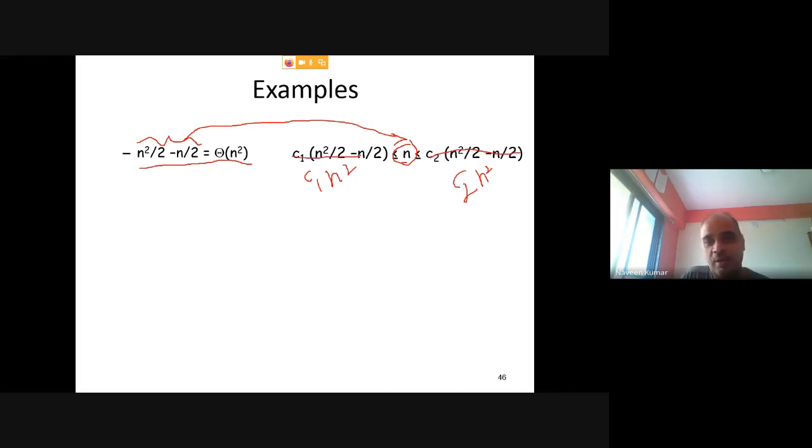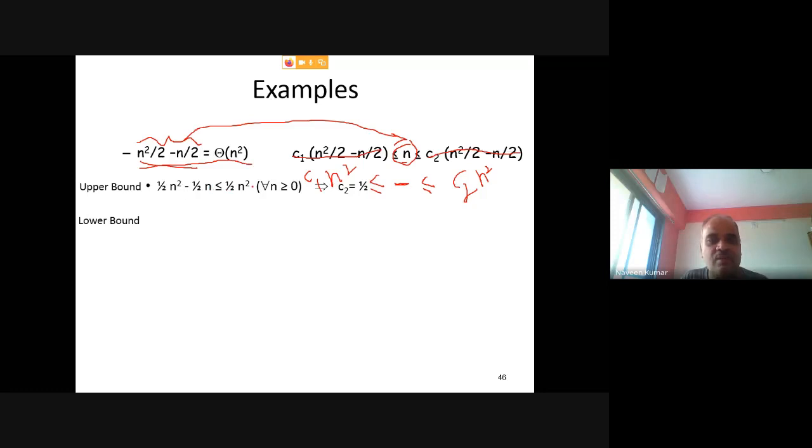This is also incorrect, right? You need to show that this function f(n), which is n square divided by 2 minus n by 2, comes in between, right here, and it should be greater than this and less than or equal to this. That is what you want to show. So let us look at it, right? Upper bound and lower bound.